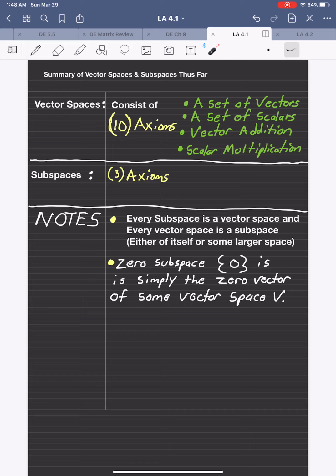So you can actually be a vector space or a subspace of itself. Okay, the last bullet point here is the 0 subspace. Now that's one single point, right? The 0 vector. So the 0 subspace is simply the 0 vector of some vector space V. Okay.